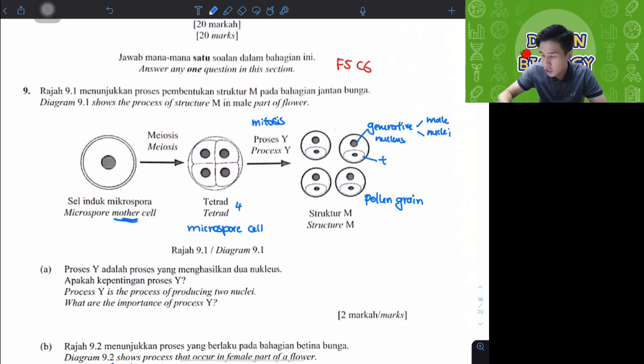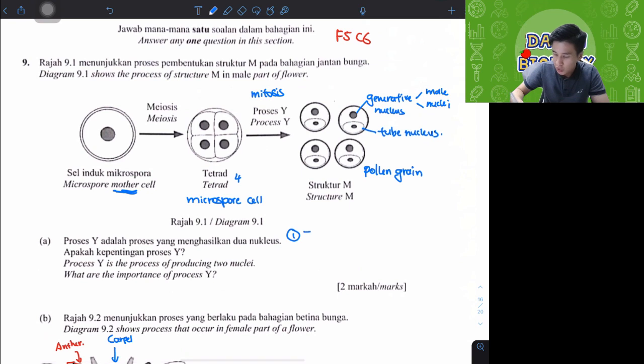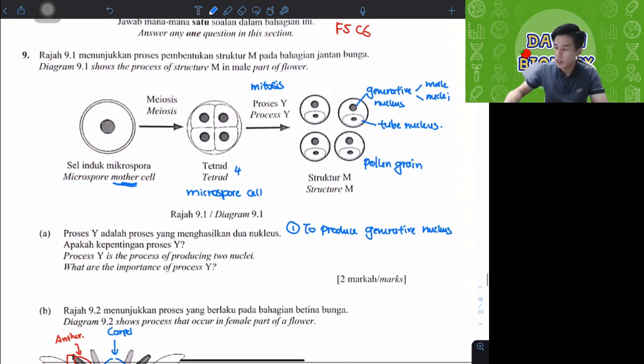The other one here is called the tube nucleus. So these are the 2 nuclei over here. The importance is to produce the generative nucleus and the tube nucleus.